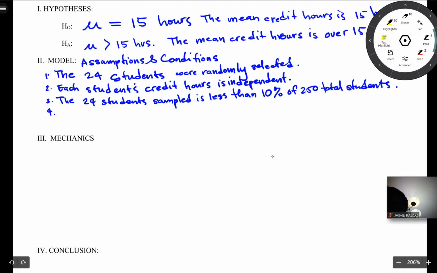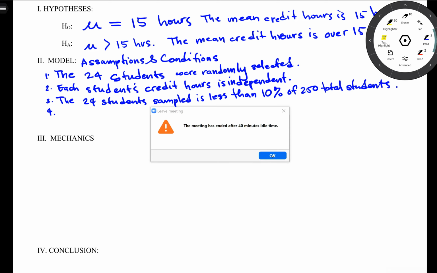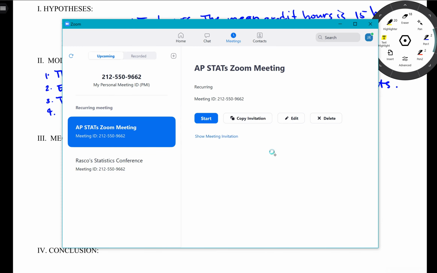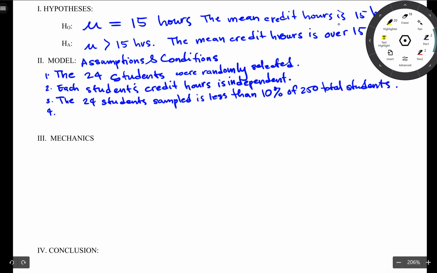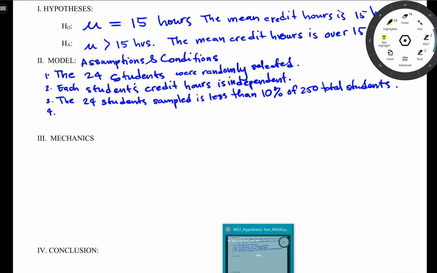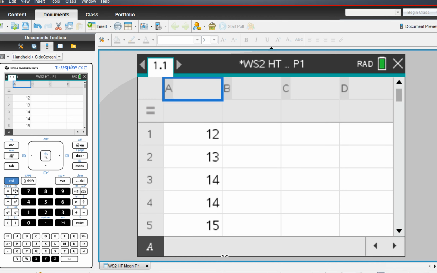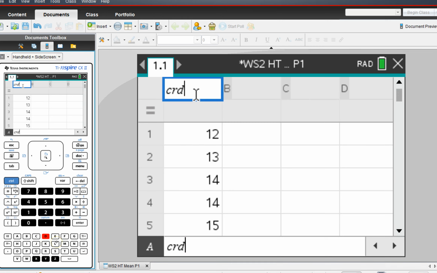And then finally, the nearly normal condition. So again, we need to do some work there for the nearly normal condition. And so we do, okay, I have encoded the data, let's name this CRD, credit hours.